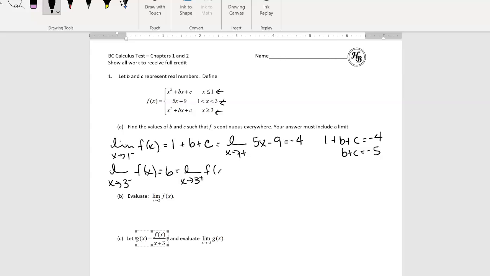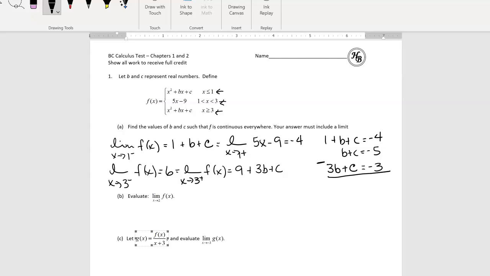And so when we plug in 3 to that piece of the function, we get 9 plus 3b plus c. And so we have 6 equals 9 plus 3b plus c, so that would give us 3b plus c equals negative 3.